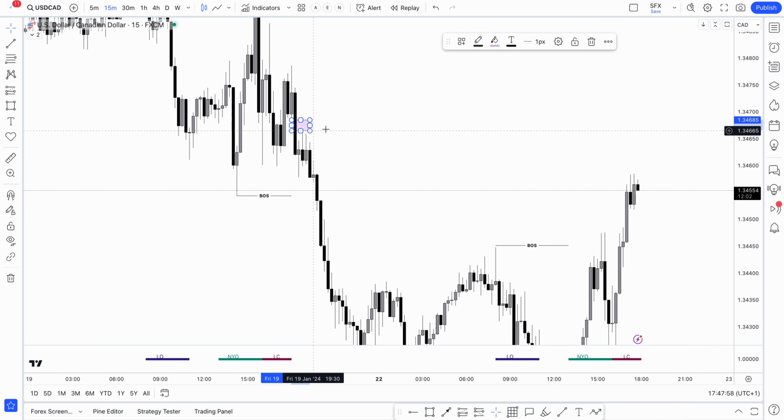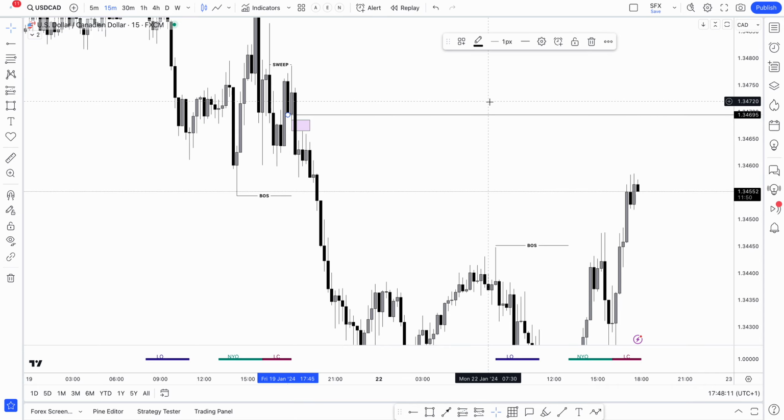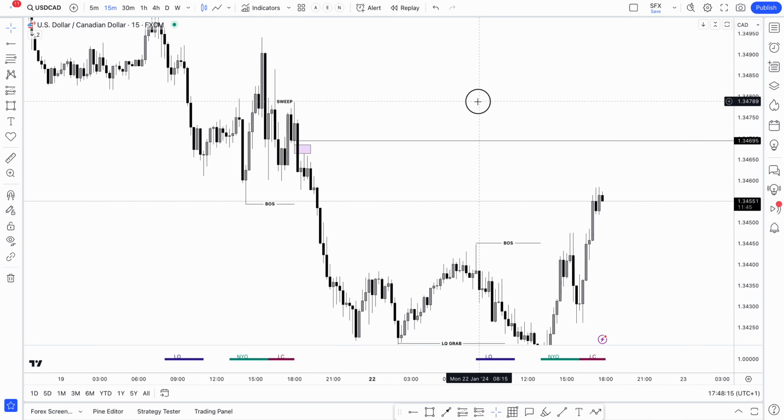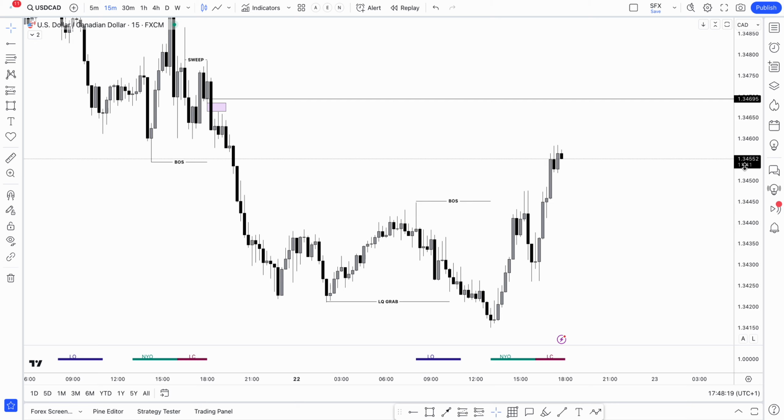We have a small imbalance. We have an order block sweep. So this is okay. And we have the area from where we can trade from, which is at 34.69. So this is the area from where we can find a possible bearish scenario, possible short trades.